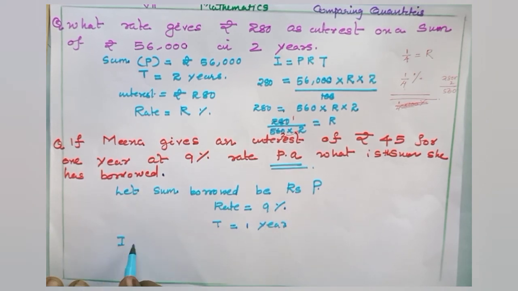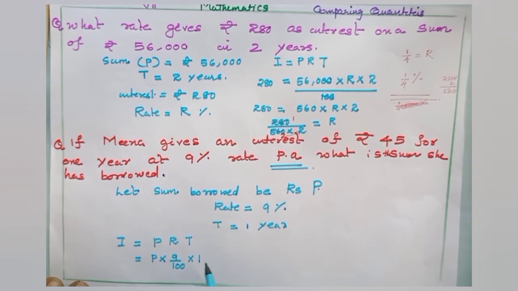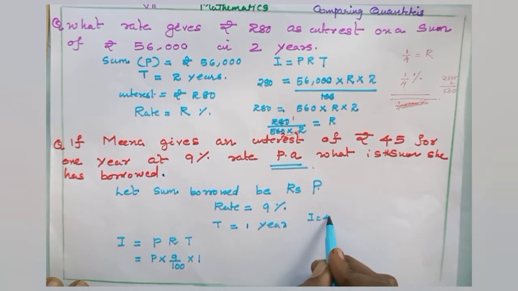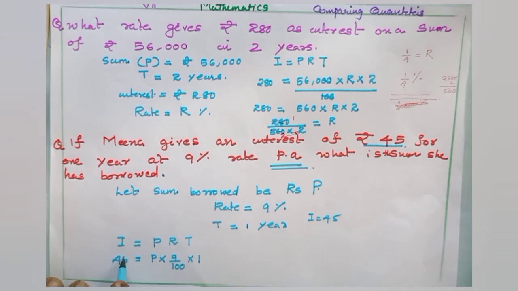So the interest equals P into R into T, equal to P into R, which is 9 by 100, into T, which is 1. The interest is 45 rupees. So here 45 rupees.